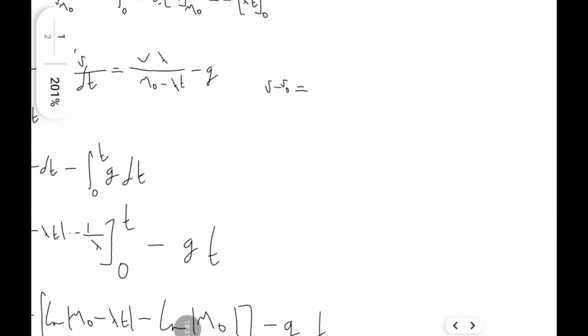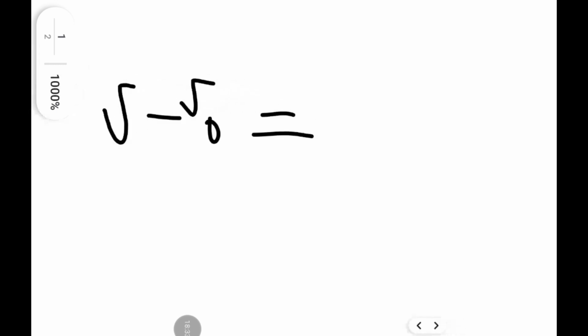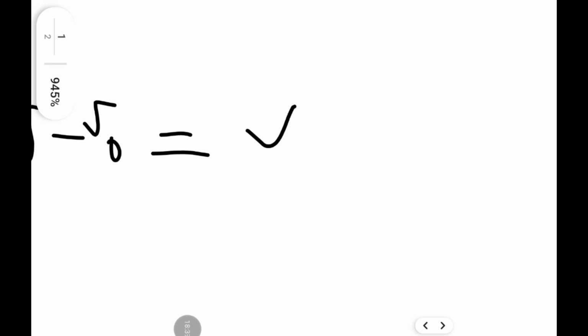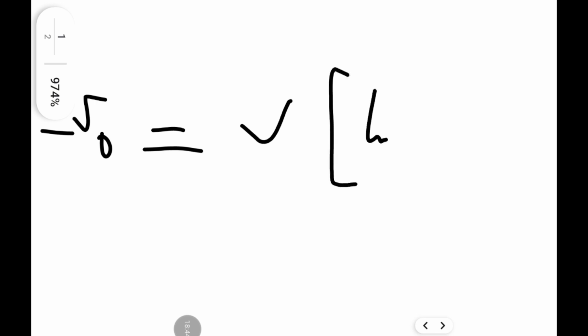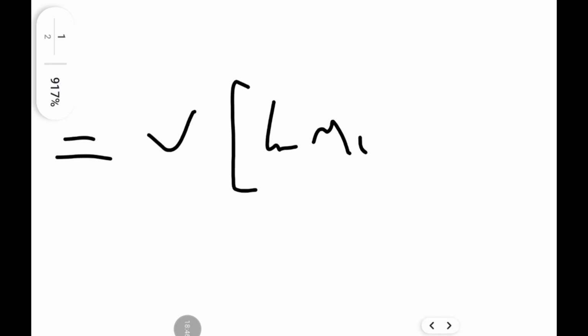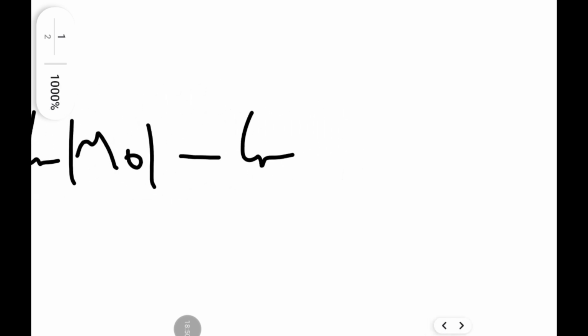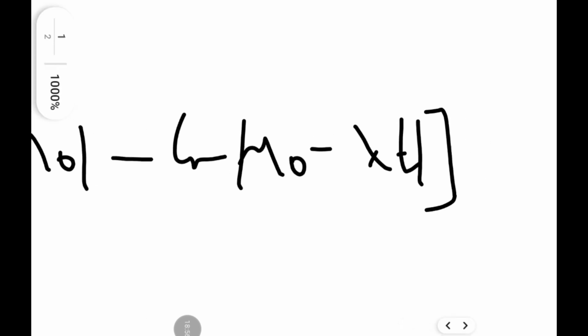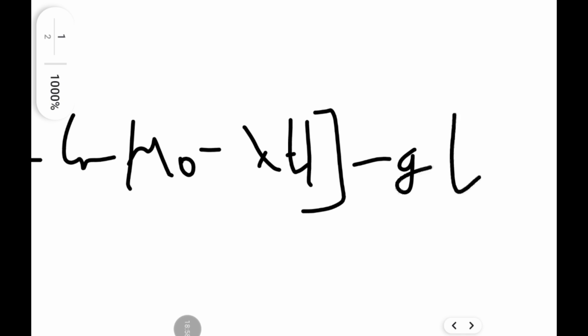So you get it into the final format of u, and then that negative is going to flip them around, so we don't have to worry about that. It's that times the bracket there, ln of m0 minus ln of m0 minus lambda t, like this, minus gt.